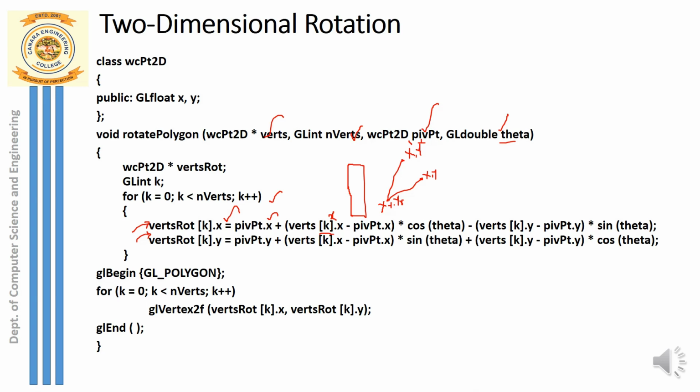All those points you compute within the for loop. Finally, once your vertices are ready, you are ready to draw the rotated polygon. Again, you use a for loop, and remember the OpenGL function to draw a vertex is glVertex, and go on plotting all those vertices, which will complete the drawing of the rotated polygon.